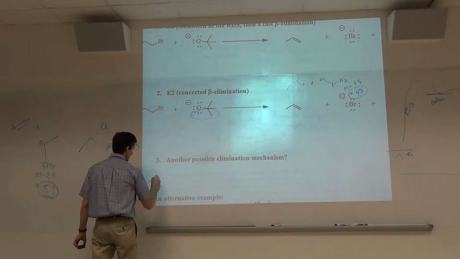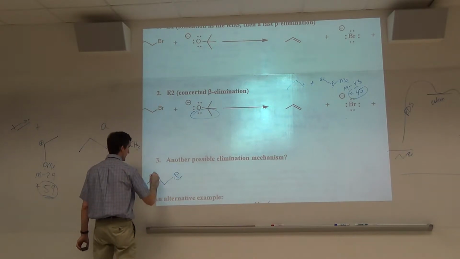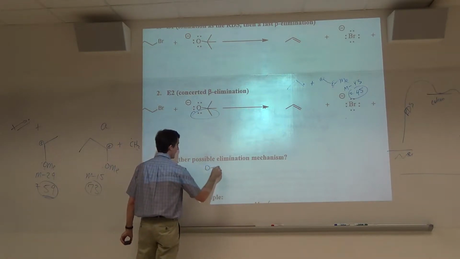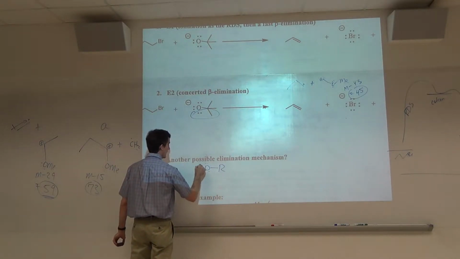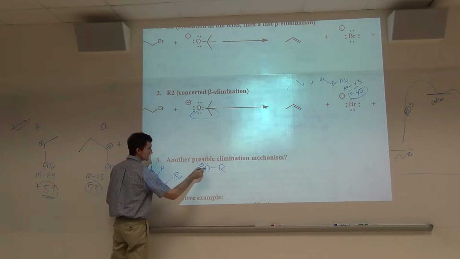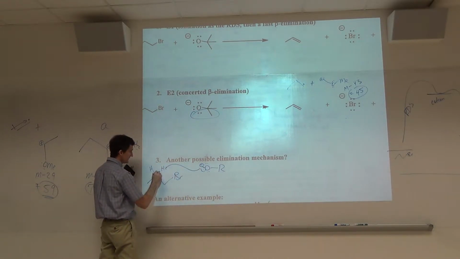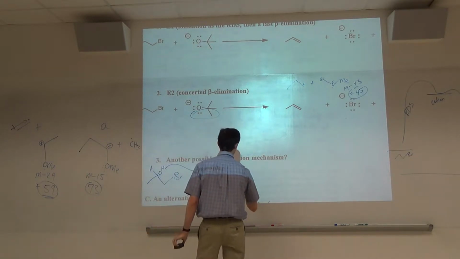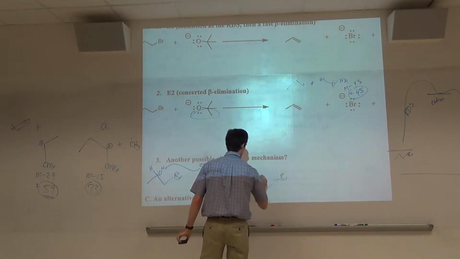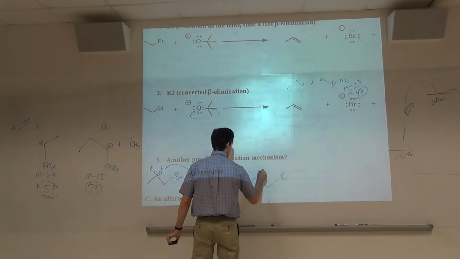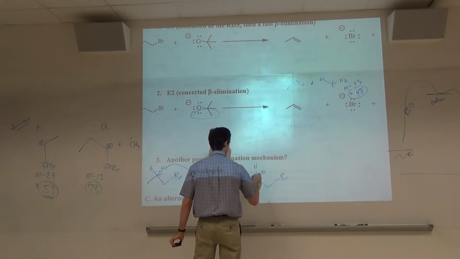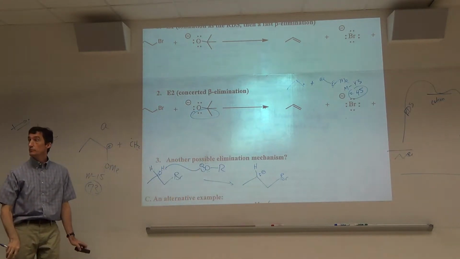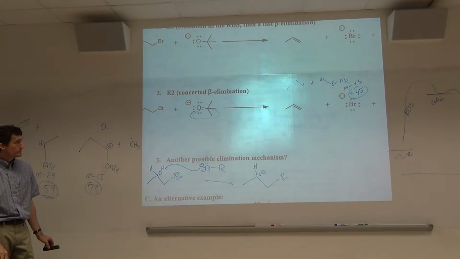I'm going to have to redraw this because I don't have room to draw down here. What's another way to do this? Well, let me do this. What if I just take the H and leave the electrons behind as a lone pair? That's just an acid-base reaction, removing an H, making a carbanion.